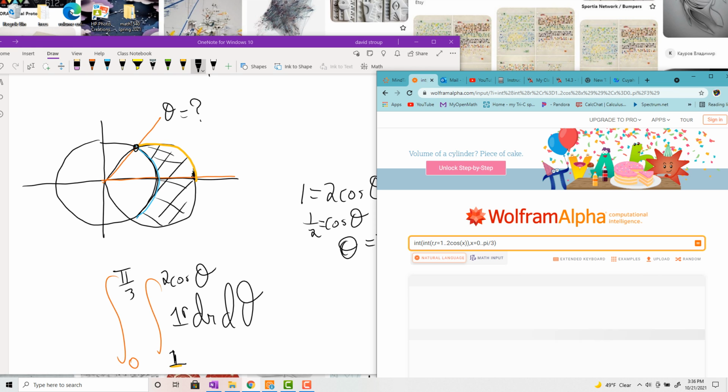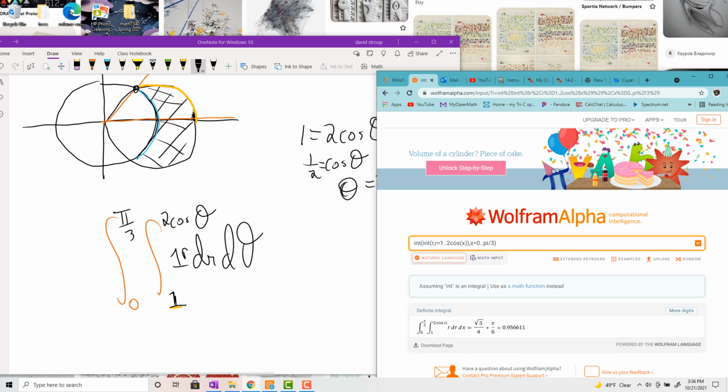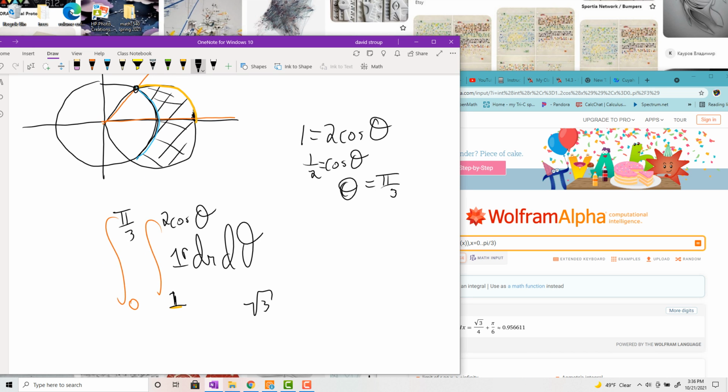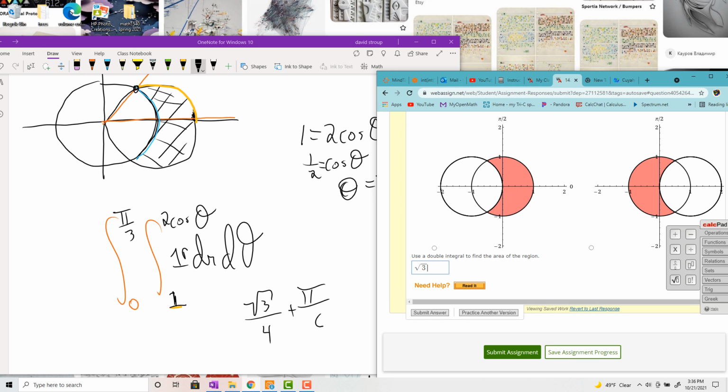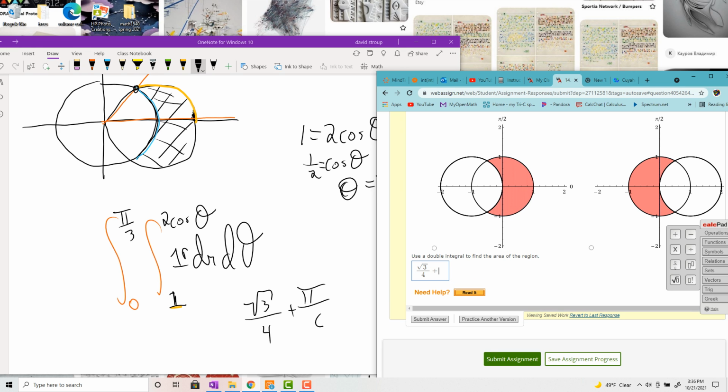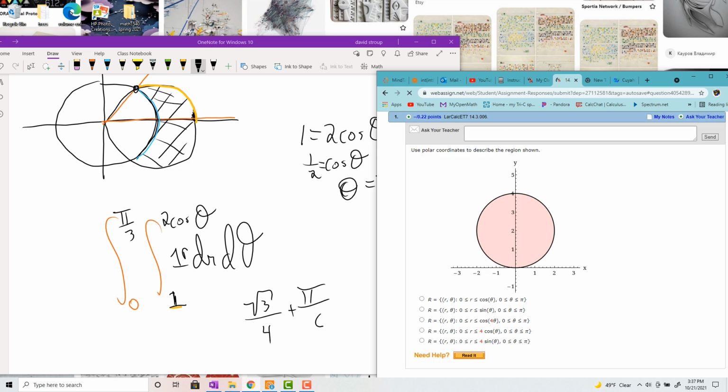And hit the machine and see what it gives me. Root 3 over 4 plus pi over 6. Let's see if that's right. Square root 3 over 4 plus pi over 6. And then pop that in and see what we got.